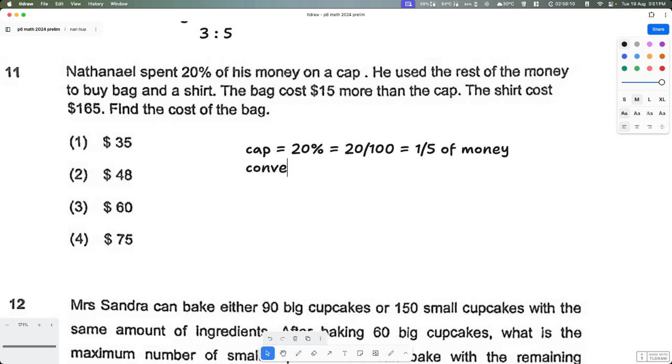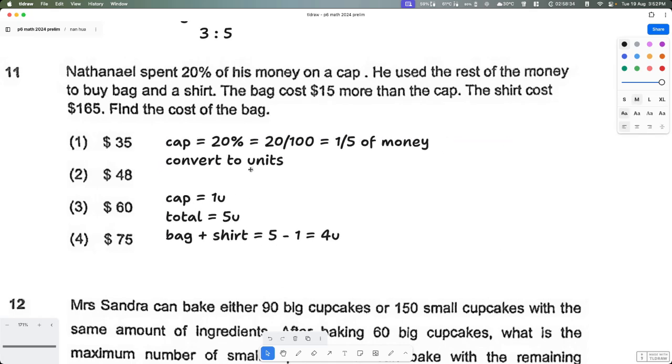So convert to units. That means cap is equal to 1 unit, and the total is 5 units. So bag plus shirt equal to 5 minus 1 equal to 4 units.